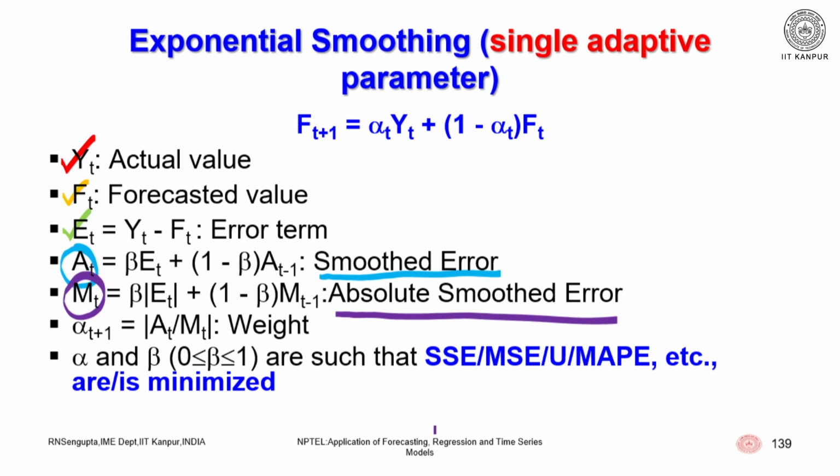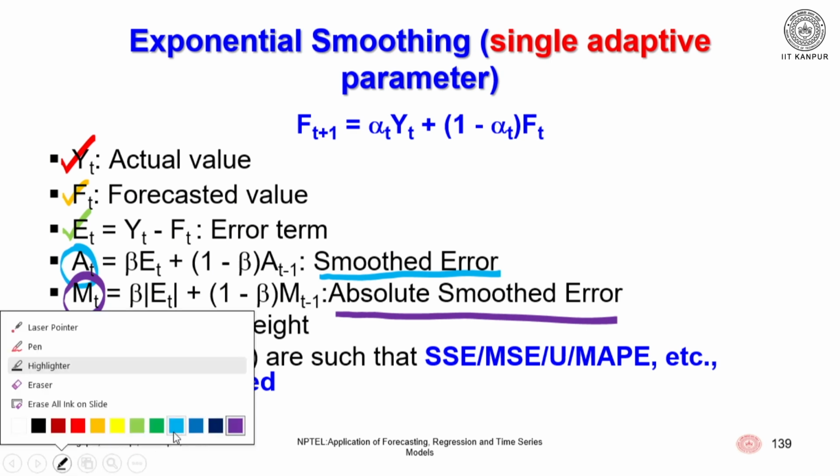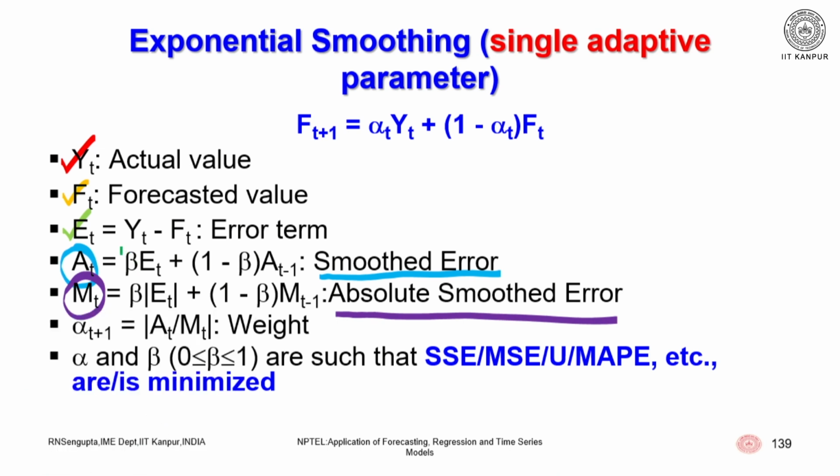Now, there is another thing which you can see, and I will mark in dark green, which is the parameter beta. So, beta is the parameter which is being assigned not to the weightages corresponding to f and y, but to the weightages assigned to the error, based on the fact that you are trying to utilize at and mt. I am using the suffix just for the explanation as we proceed with the problem.